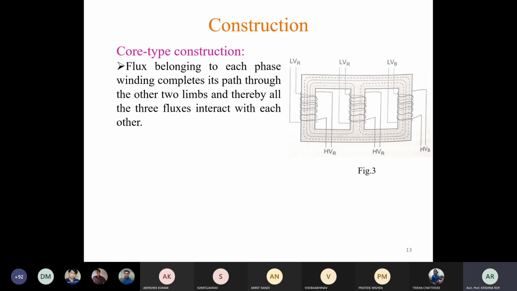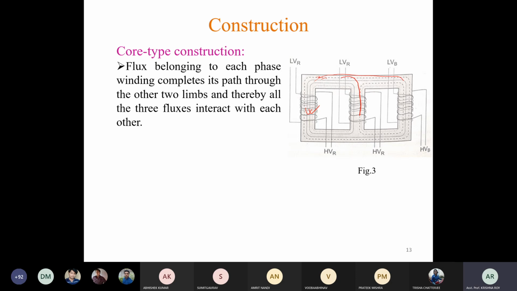In this type of construction, in case of core type of construction, the flux produced by any winding completes its path through the other two windings. See this line, suppose this flux is produced by this winding, so it completes its path through this line as well as through this line.